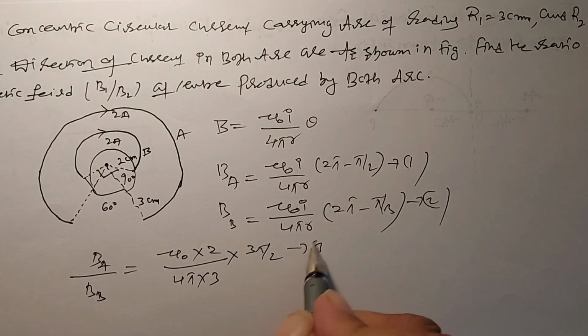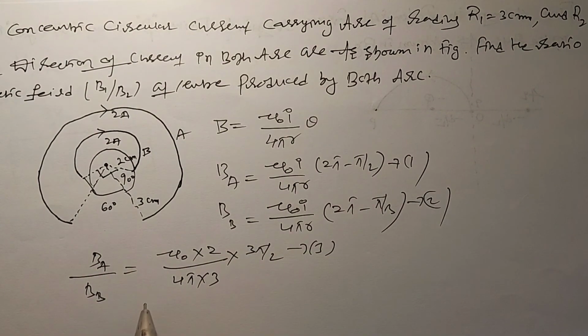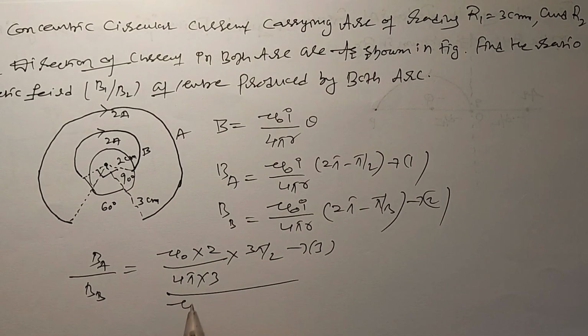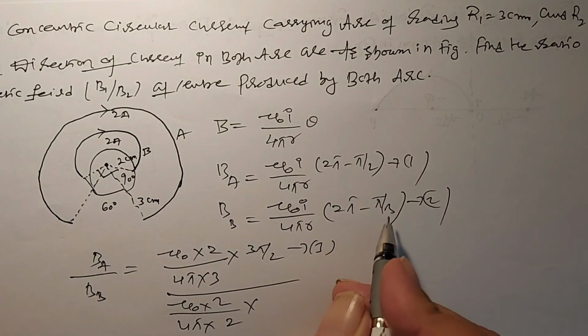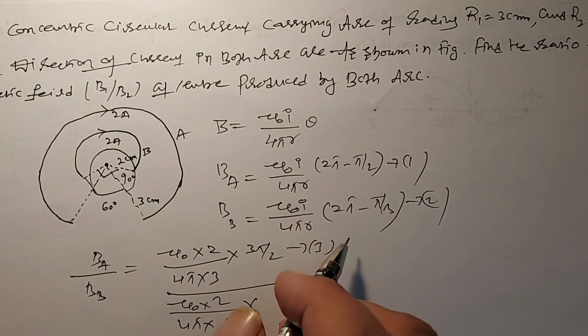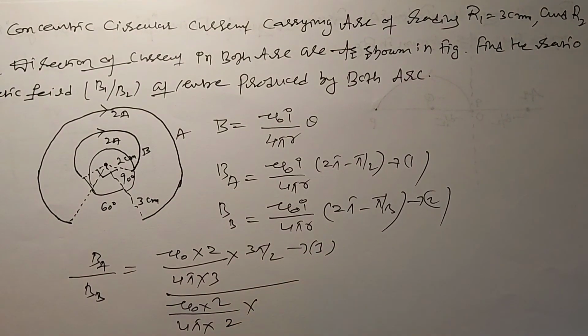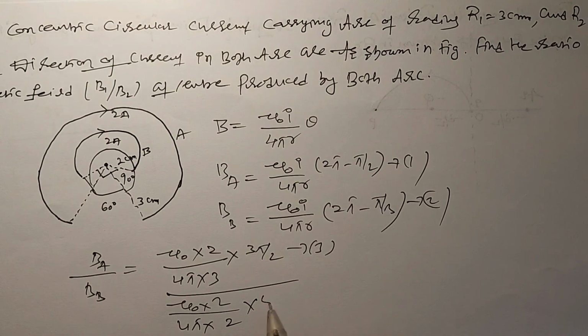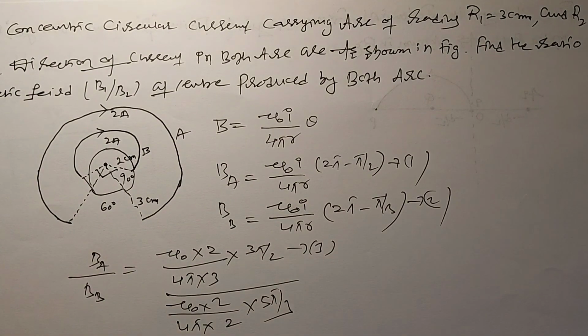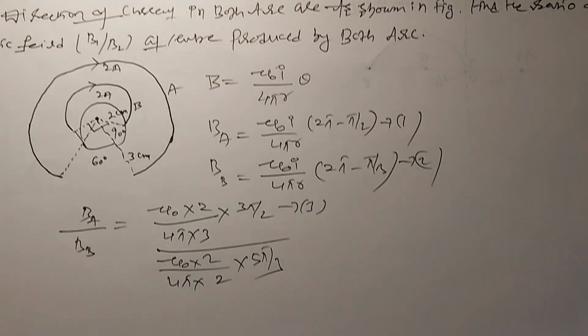This is equation 3. Divided by mu naught into 2 divided by 4 pi into, what is the radius of the small arc, 2, into 2 pi minus pi by 3. 2 pi minus pi by 3 means how much? 5 pi by 3.